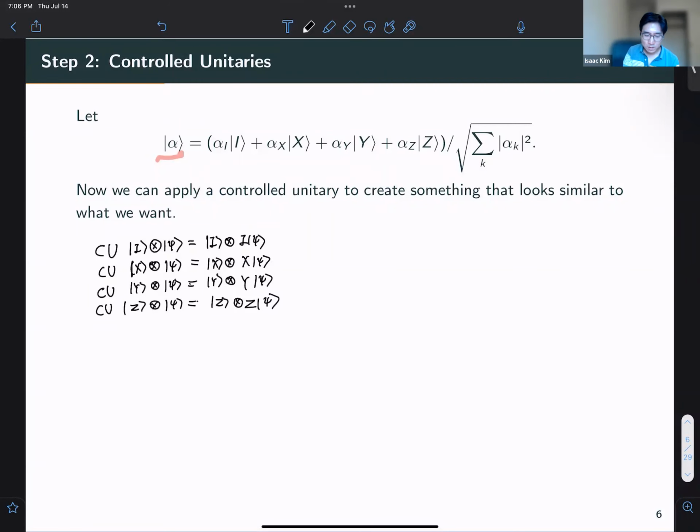Suppose we apply this controlled unitary to the following state: alpha tensor an arbitrary single qubit quantum state psi. By linearity, we can just write down what's going to happen to this thing, and that is the following.